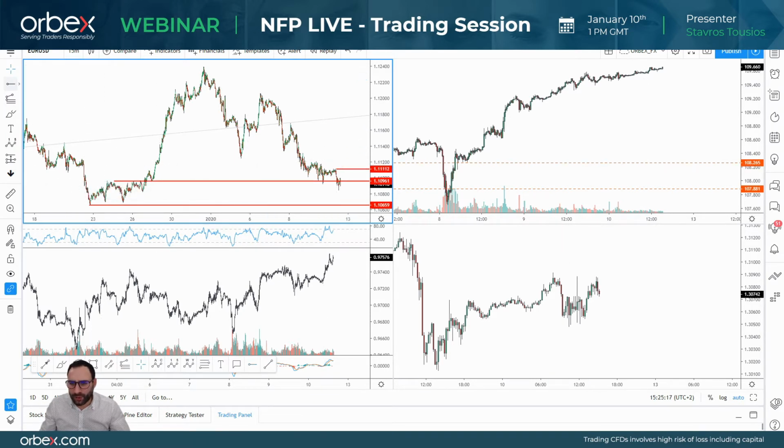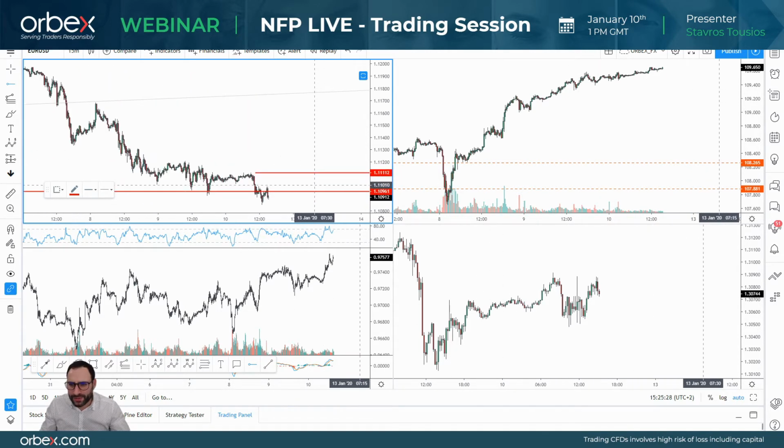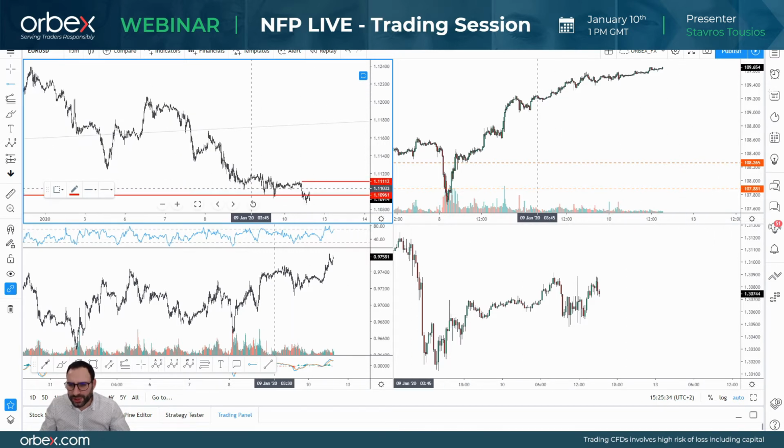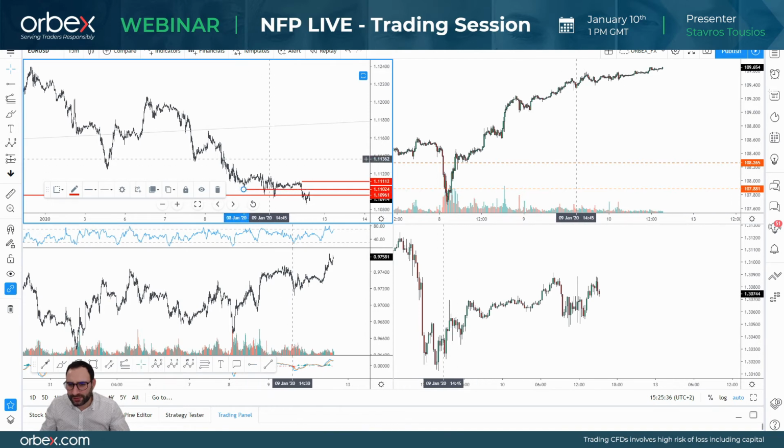So I'm not looking at the right of the chart, I'm just looking on the left, and I'm drawing lines or activity levels that are likely to be taken out. So to the top, this could be 110.96, potentially a move to the upside, an entry to the upside.